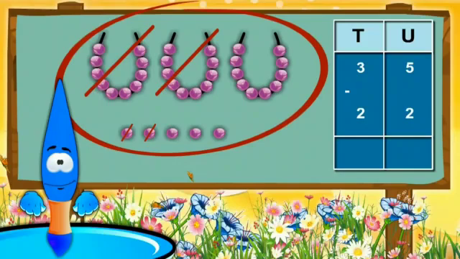From tens, 3 tens are given, we cancel 2, and from 5 units we cancel 2 units. See children, I have cancelled 2 strings, meaning 2 tens, and 2 single bits, meaning 2 units.